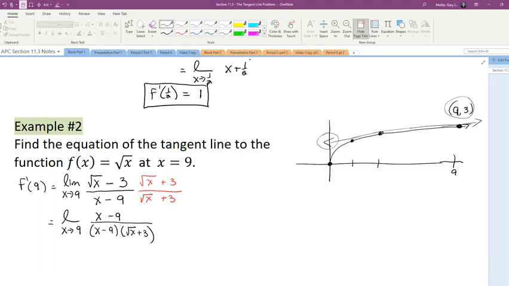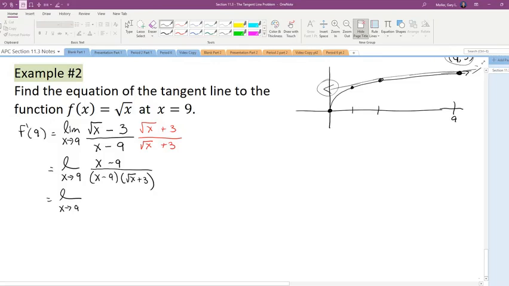And so we can obviously see what happens. And I know it can be annoying, but every time you're doing the next line of work, make sure you're showing the appropriate level of work, or more than the appropriate for some of you. Until you take the limit, we need to write the word limit. All right.